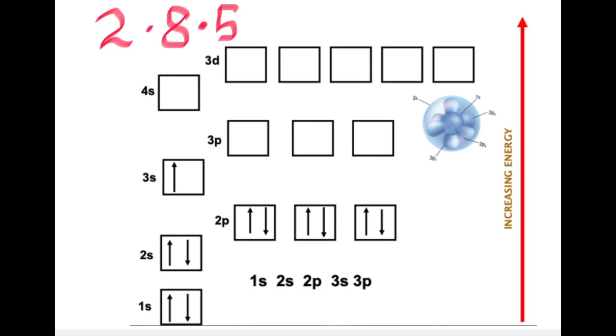Let's look at how we'll fill in all of these electrons in these various energy levels. The first level, as we've learned before, can only contain 2, but we'll be calling that the 1s level, and we'll be filling in the 2 electrons, one going up like this with a half arrow.